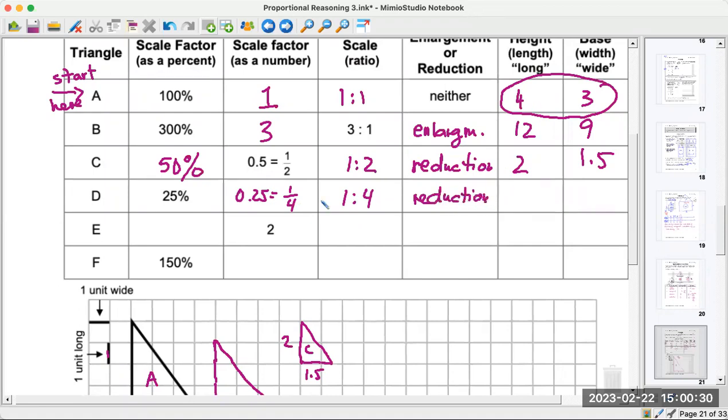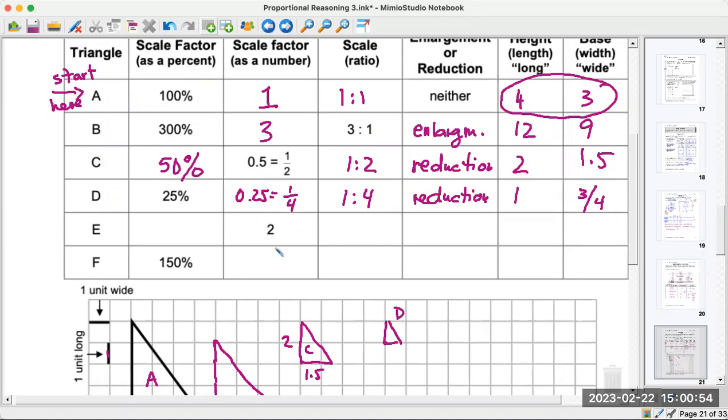And so if it's 1/4 of 4, that's 1. 1/4 of 3 is 3/4. So you divide 4 divided by 4, 3 divided by 4. That's a tiny one. That's D. So that's 1 and 3/4. D.